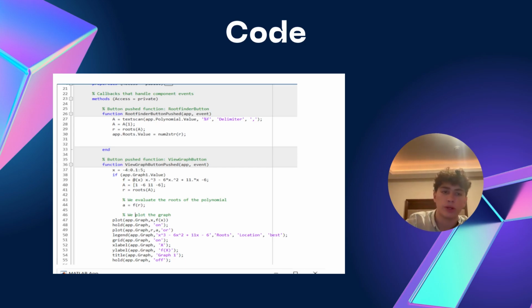Then we hold the current plot, allowing subsequent plots to be overlaid on the existing plot without erasing it, as we can see there. And then we have the plot and the legend, and we enable the grid, labels and titles to make the graph informative and easy to read for all viewers. And that's basically how the code works.